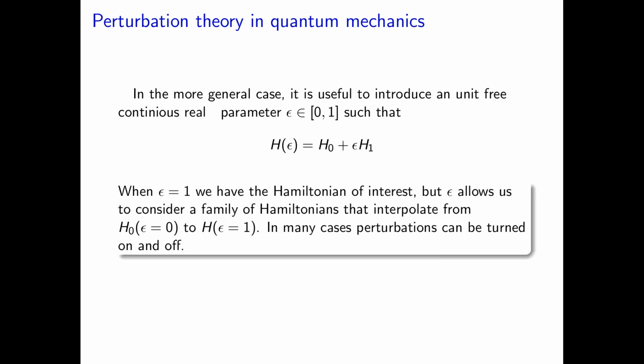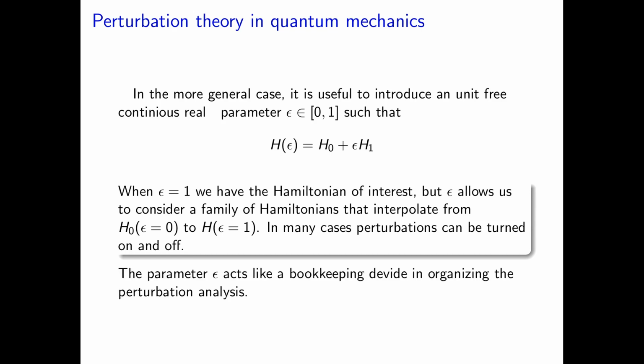Here I repeat the point which I just mentioned, that epsilon equal to 1 is the Hamiltonian of interest, but epsilon is the dial which allows us to consider this family of Hamiltonians, and that makes sense experimentally in many practical systems, because you can turn on the perturbation, switch it on and off.